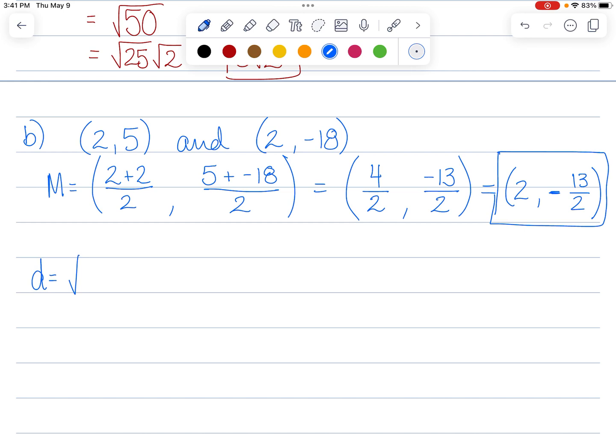Distance formula. Big square root. I'm going to call this point 1, so it's x1, y1. This one's x2, y2. You don't have to label them, but I find that it stops people from making mistakes. Formula says y2 minus y1, -18 minus 5, close that squared, plus x2 minus x1, 2 minus 2 squared.